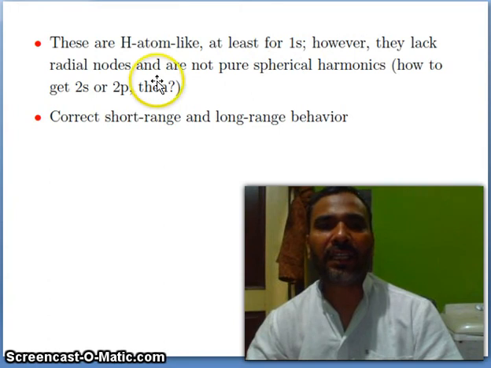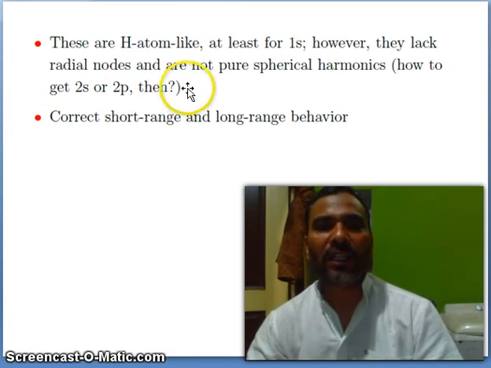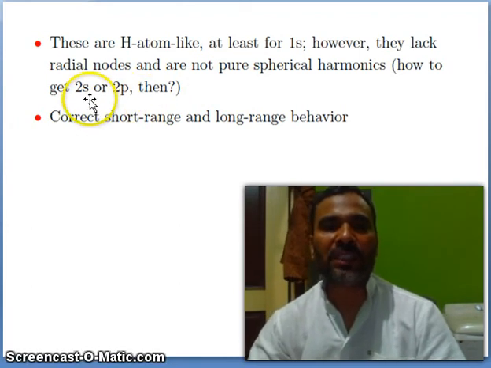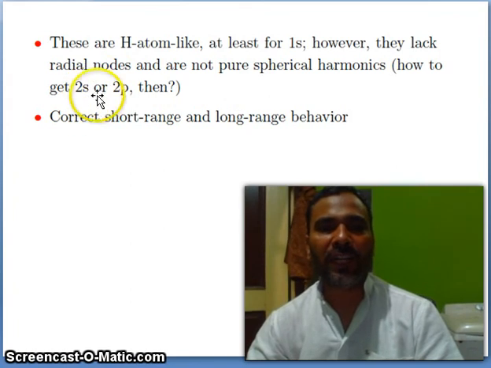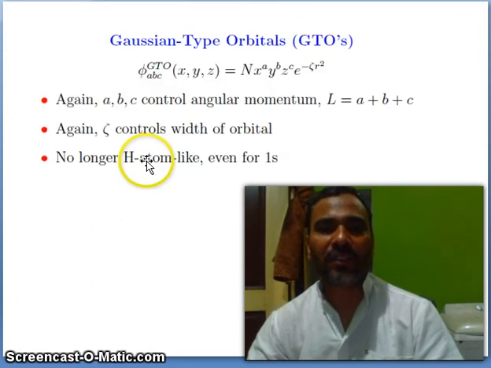However, they lack radial nodes. You know hydrogen 1s, you know the shape of the s orbital. So radial nodes are not pure spherical harmonics. How to get 2s or 2p? Then you go through basic chemistry and you will find the orbitals and radial nodes. Correct short range and long range behavior.